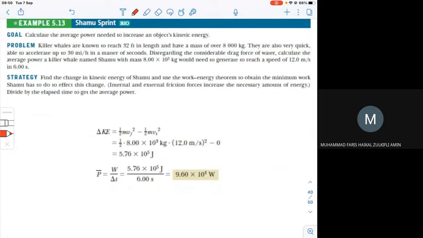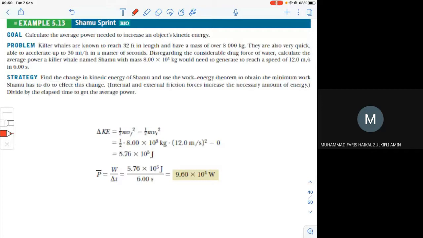Okay, this is also another example. The killer whales are known to reach 32 feet in length and have a mass of over 8,000 kilograms. They are also very quick, able to accelerate up to 30 miles per hour in a matter of seconds.